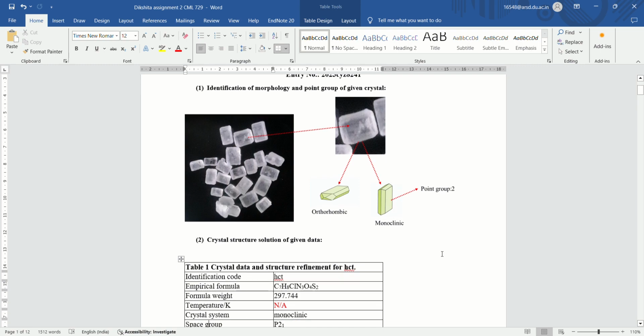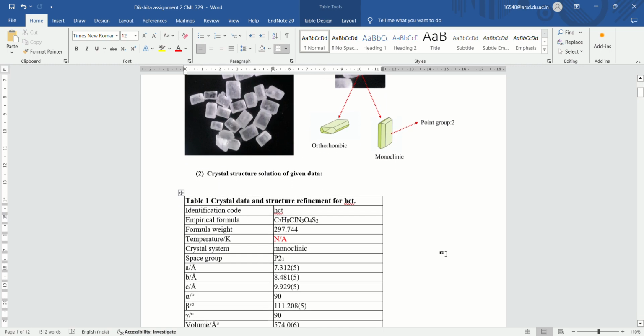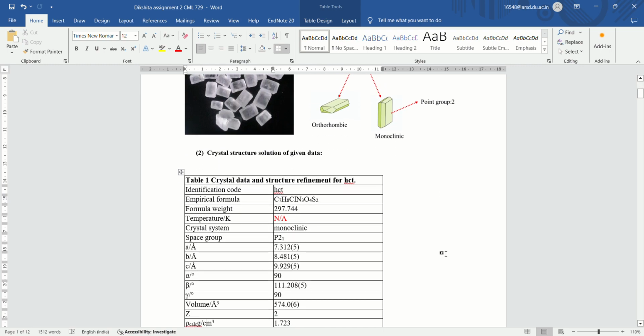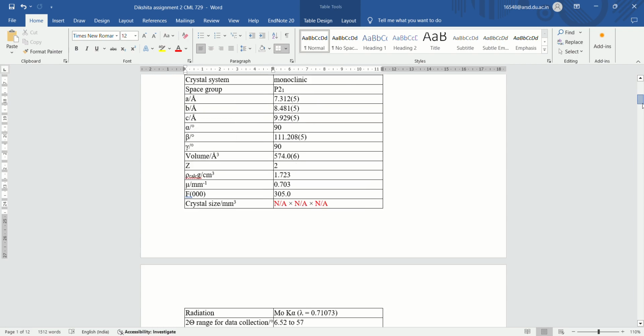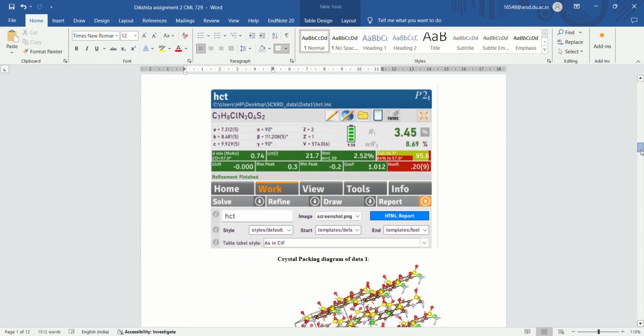Then in the second question, we were asked to solve the crystal structure of the given data set. To solve the crystal, we first open the INS file in OLEX software, then click on the Work option and then Solve the structure, and then we check the R factor.